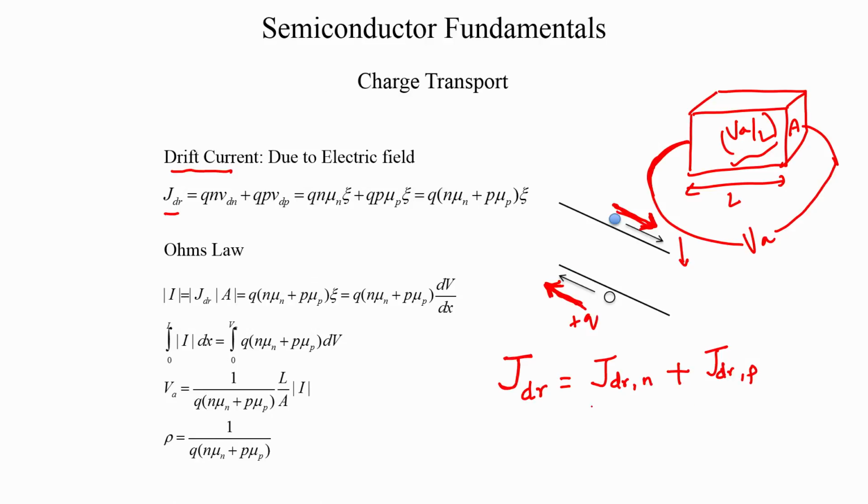Now, what is the drift current due to electrons? It is the total charge per unit volume.